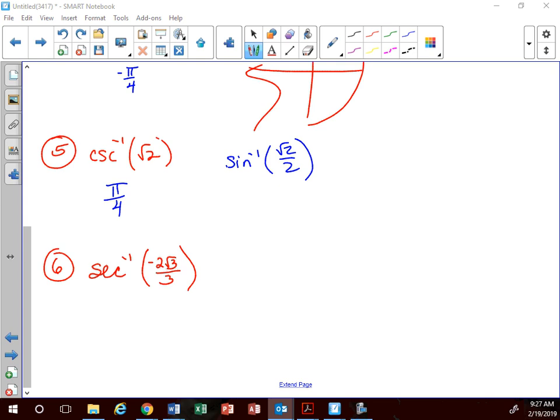No. Secant's related to cosine, so it's got to be... Yes. Doing well, right? Okay. Yes, yes, yes, yes. Okay, good. A roll.